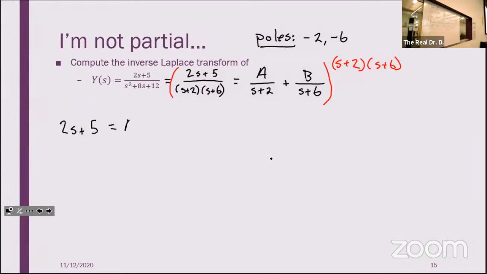And that's going to give me A times s plus 6, because the s plus 2's cancel. So A times s plus 6 is just As plus 6A, plus Bs plus 2B.